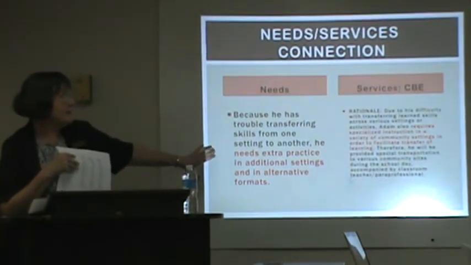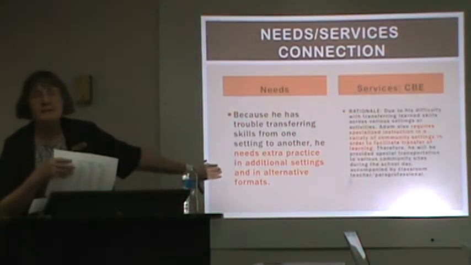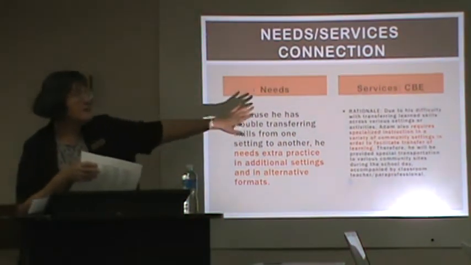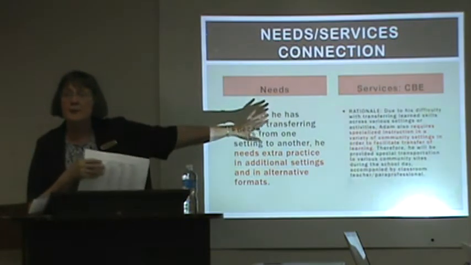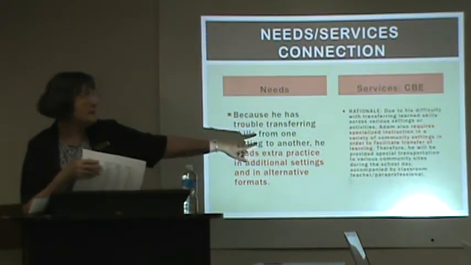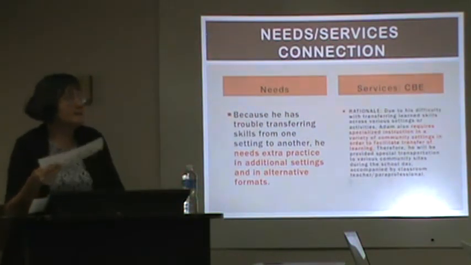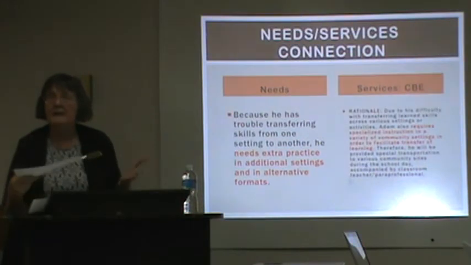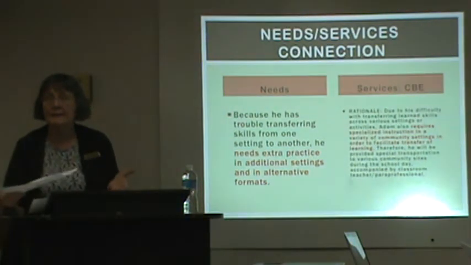In my needs, I said he needs extra practice in additional settings to transfer learning. So the services he's getting are community-based education. And my rationale is because he requires specialized instruction in a variety of community settings in order to transfer learning.